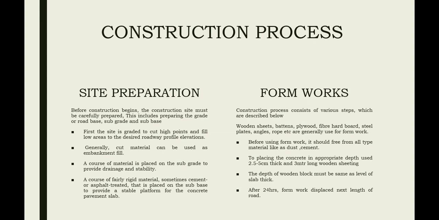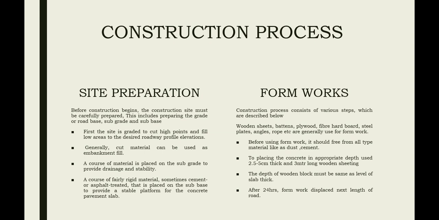First, the site is graded to cut high points and fill low areas to the desired roadway profile elevations. Generally, the cut material can be used as an embankment fill. A course of material is placed on the subgrade to provide drainage and stability. A course of fairly rigid material, sometimes cement or asphalt treated, is placed on the subbase to provide the stable platform for the concrete pavement slab.